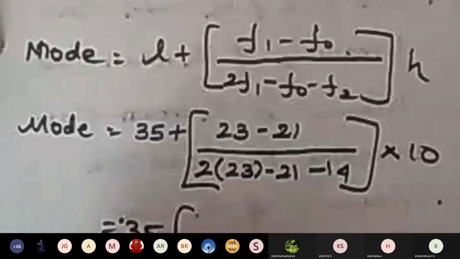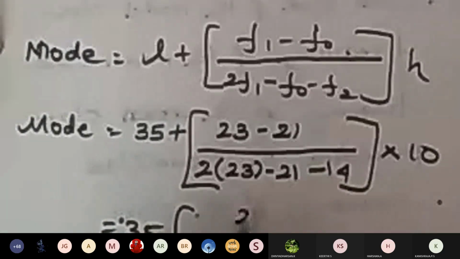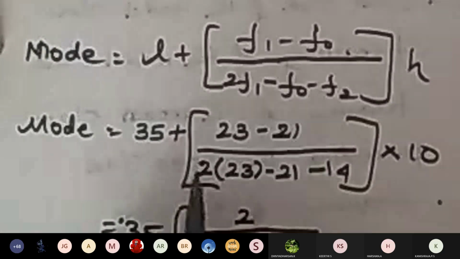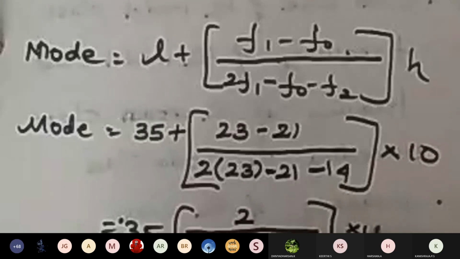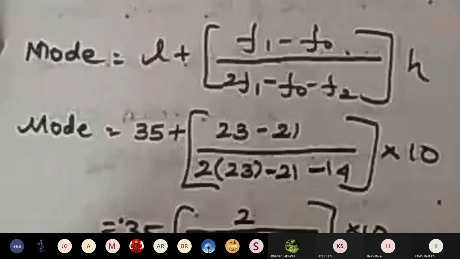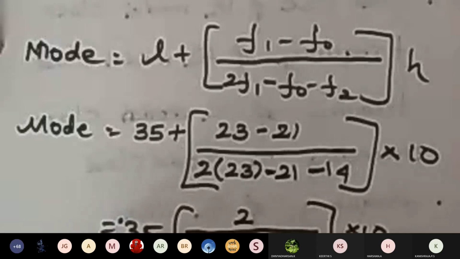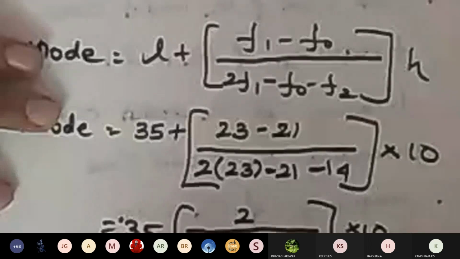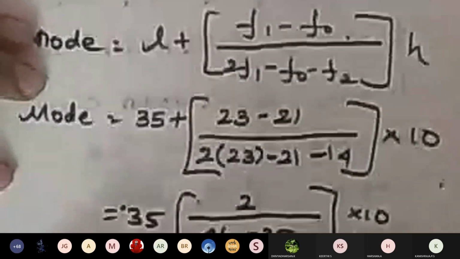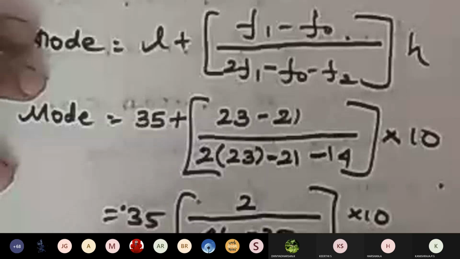So 35 plus 2 divided by 46 minus 35, into 10. 46 minus 35 is 11. So 2 into 10 is 20, 20 by 11.